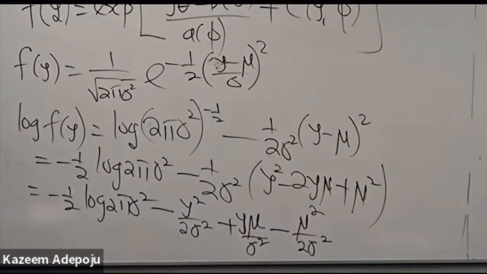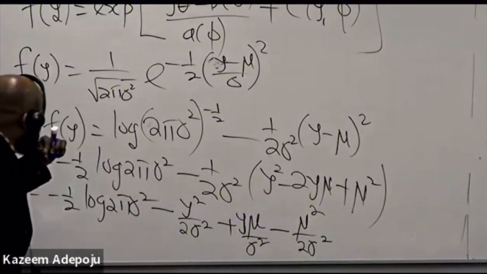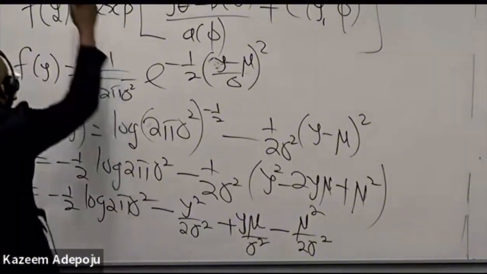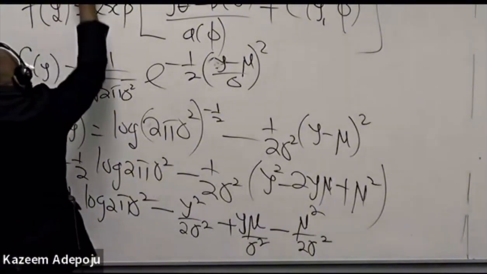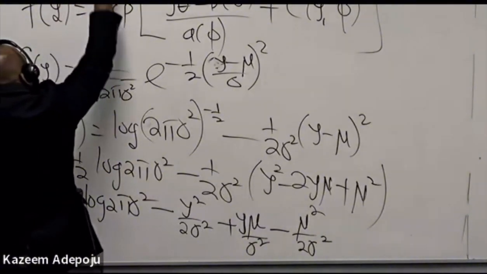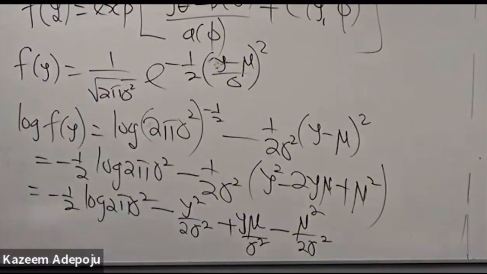So if you take a look at what I have, this is a log of f of y. If I want to go back to f of y, I'm actually going to do exp of the log of f of y, which is the same thing as f of y.